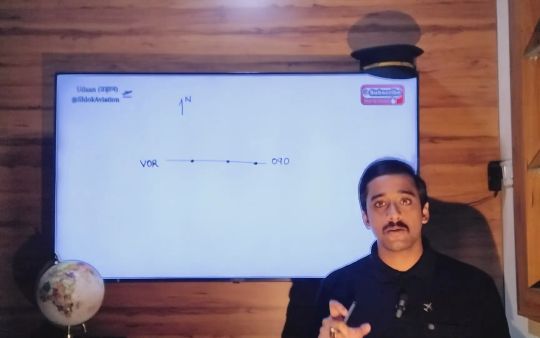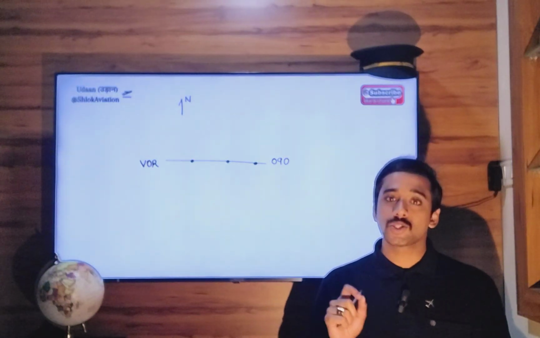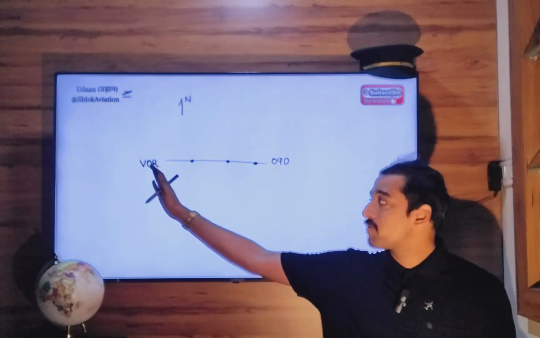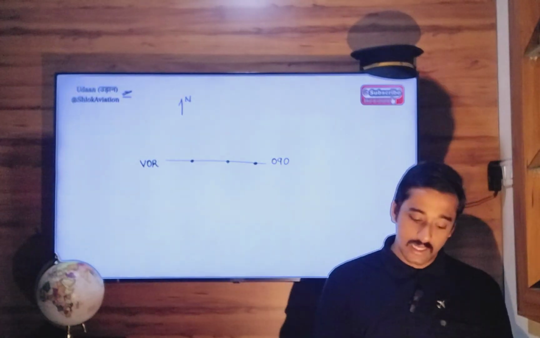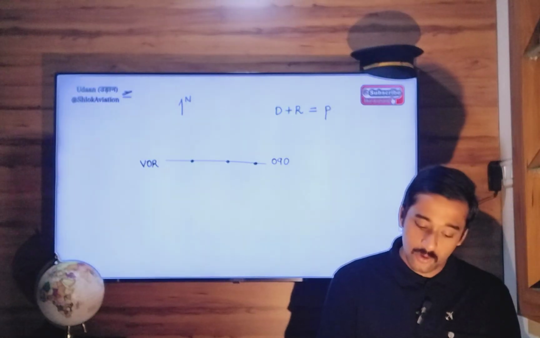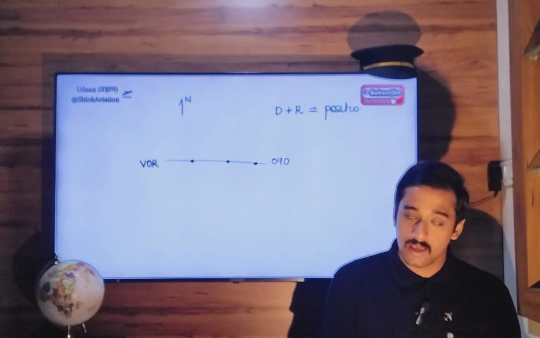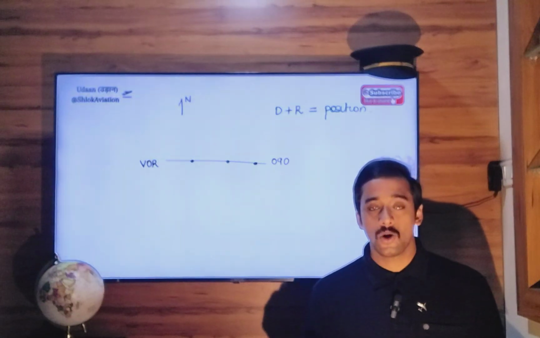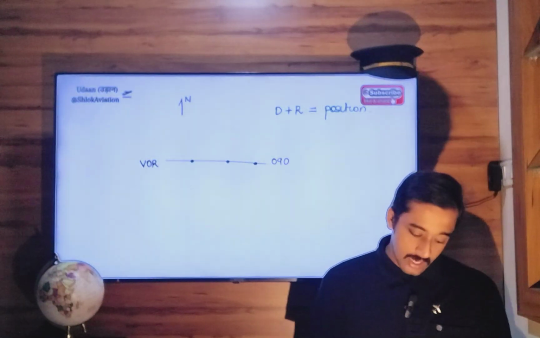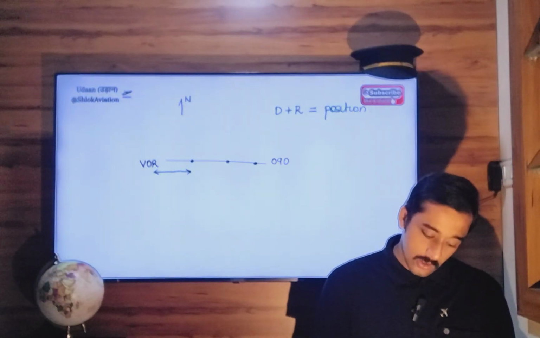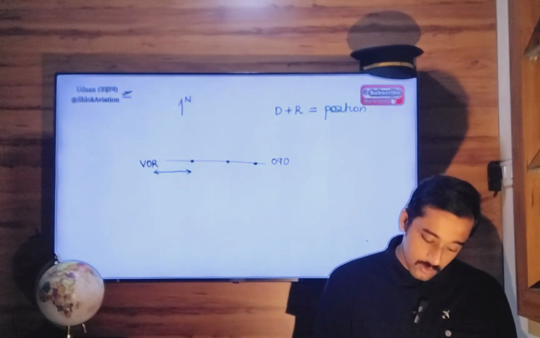Now, to get an accurate, precise position, you will also need additional information: the DME distance, the distance from that VOR station. So distance and radial information together will give you an accurate position. Let's say I am 10 nautical miles on radial 090. That means 10 nautical miles from the VOR on radial 090 is my aircraft position.